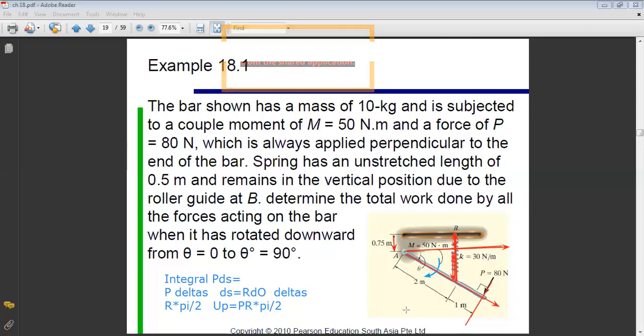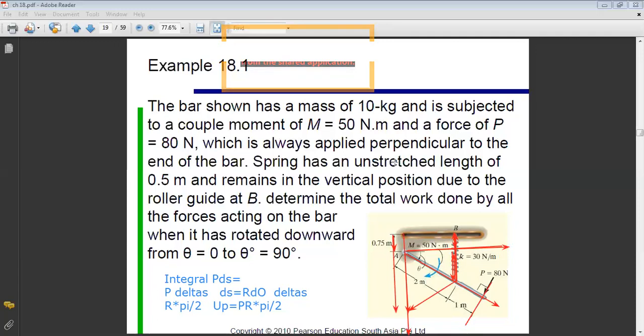For theta equal to 90 degrees, when my bar is at this position, what will be the total length of my spring? 2.75. Very good, 2.75, because it's this distance from here to this point. So this point will go to this position, and the total length becomes 2.75, okay?